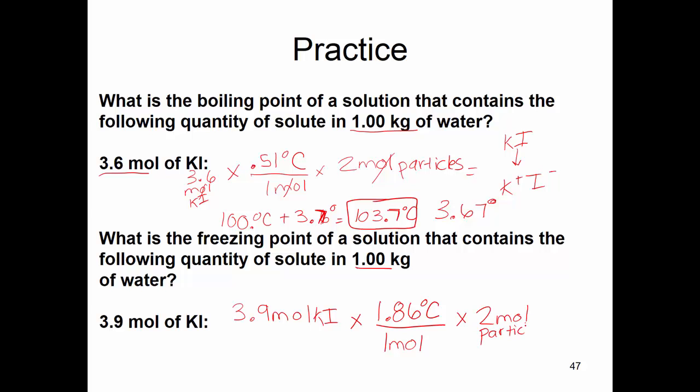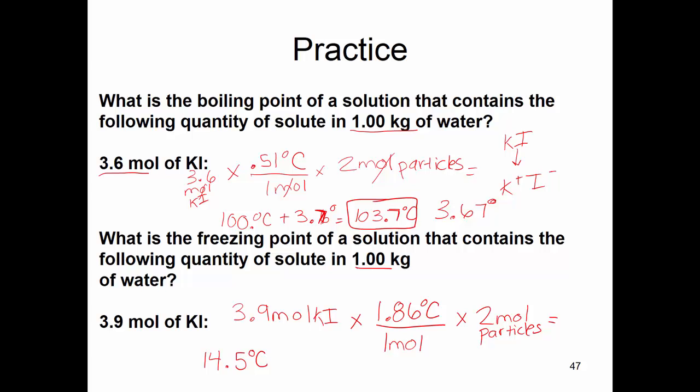This is different from what we've been seeing because this is a colligative property and it depends on the number of dissolved particles. And so we get 14.5 degrees C.